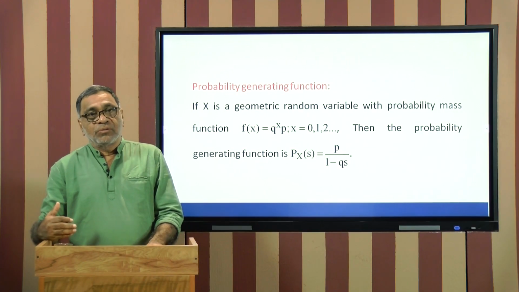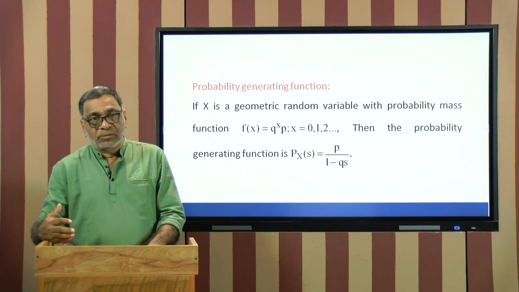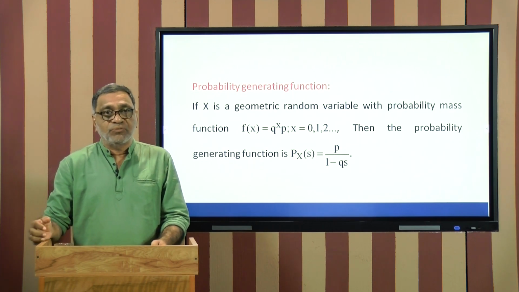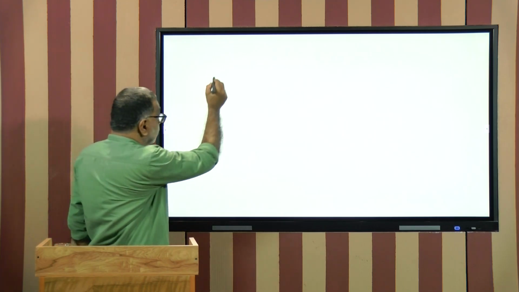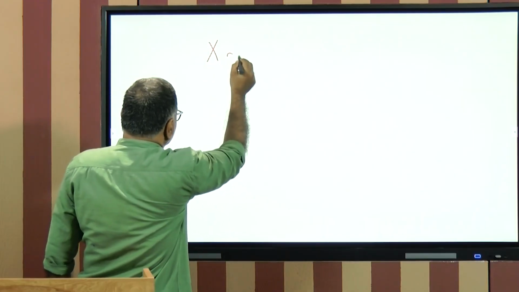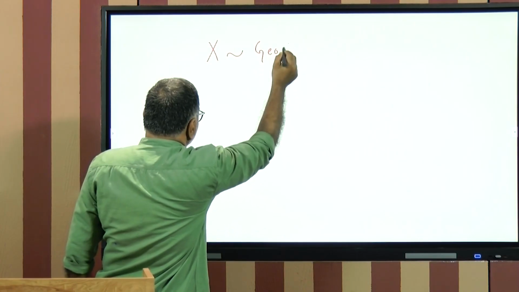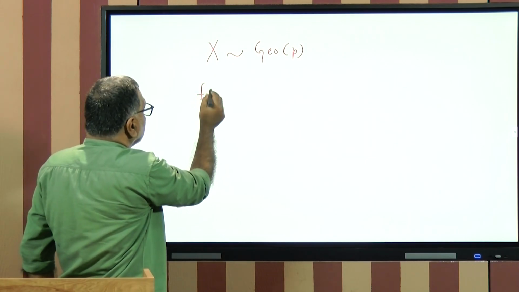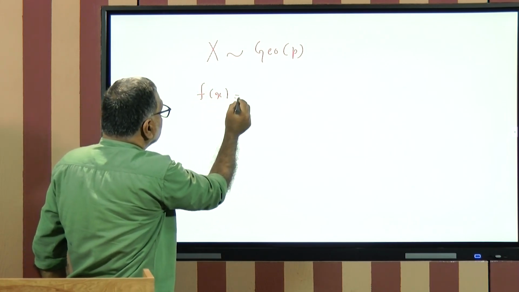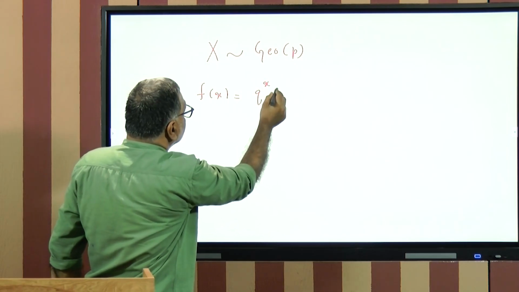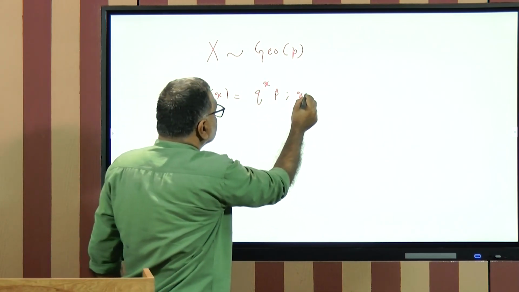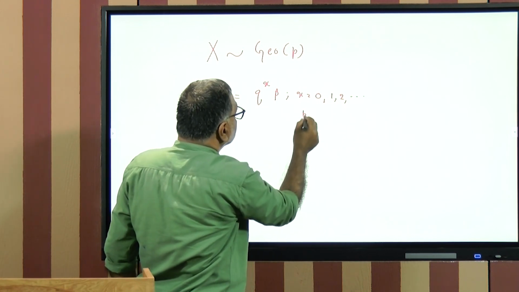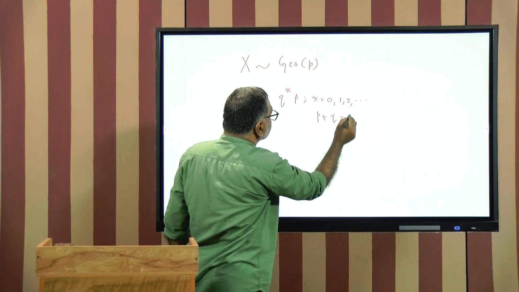How is this probability generating function derived? I will explain the method of derivation. You are given X, a geometric random variable with parameter p, and f(x) = q^x p, where x = 0, 1, 2, etc., and p + q = 1.